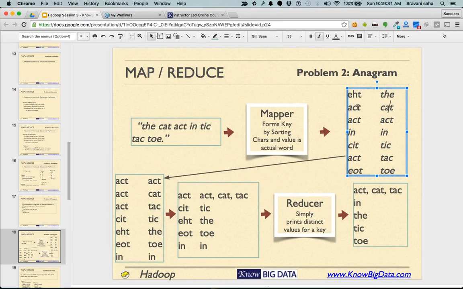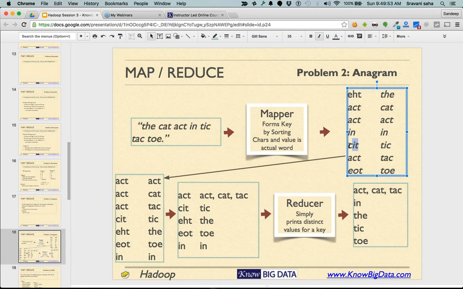In case of cat, the key is ACT. In case of act, the key is ACT. And in case of tic, I comes after C and T comes after I, so it will be CIT.